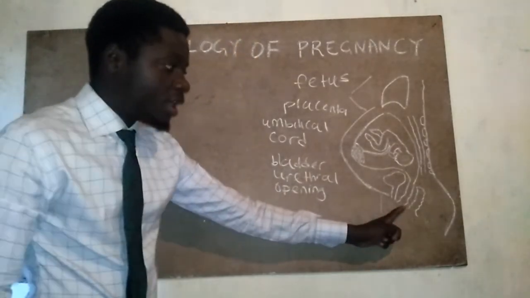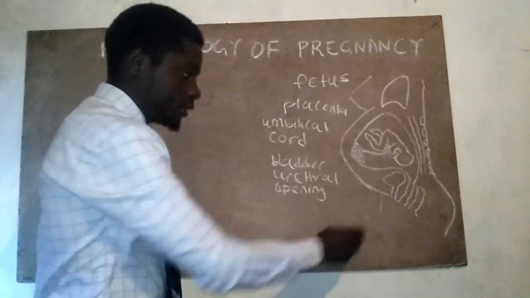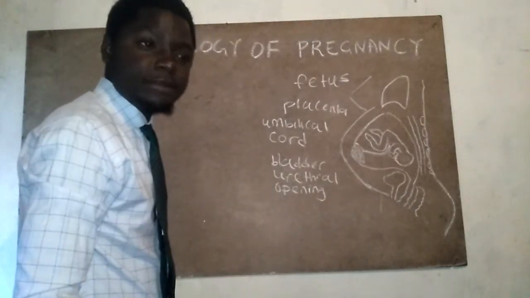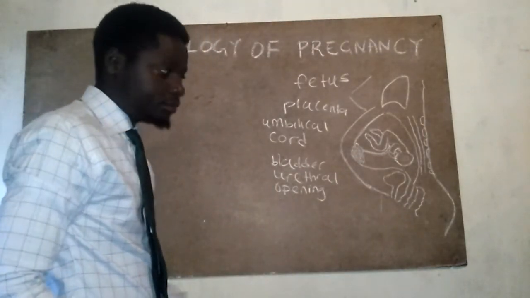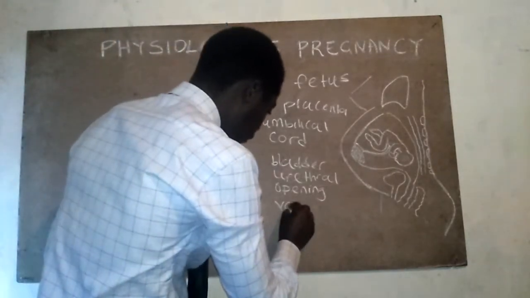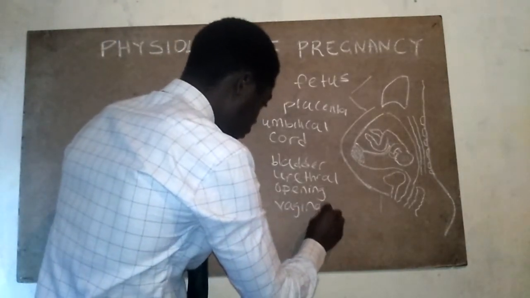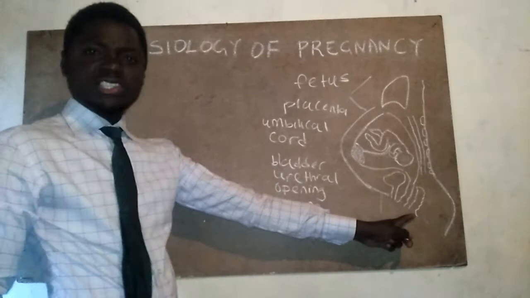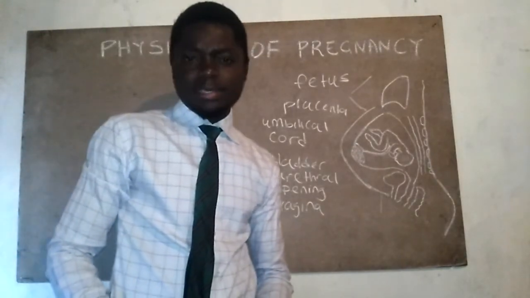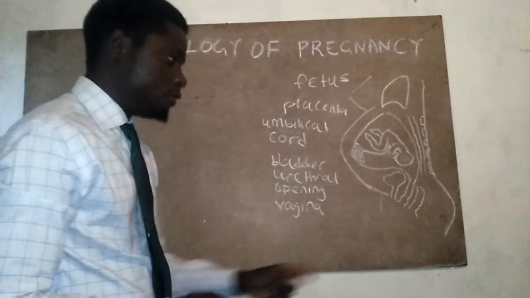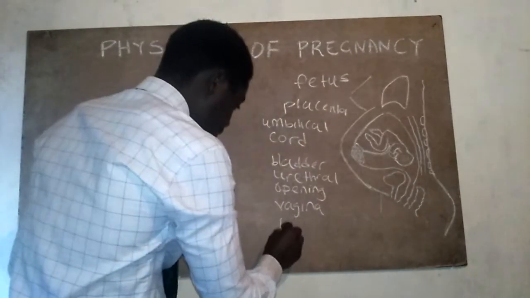And of course, we have the vagina. That's the vaginal orifice, or the vagina opening. And we have the anus of the woman.